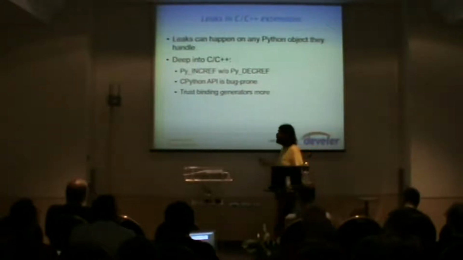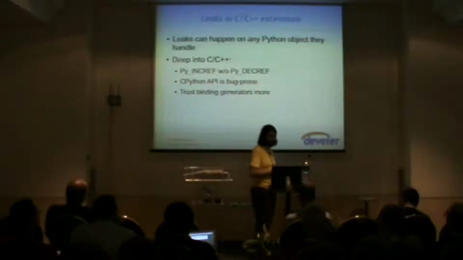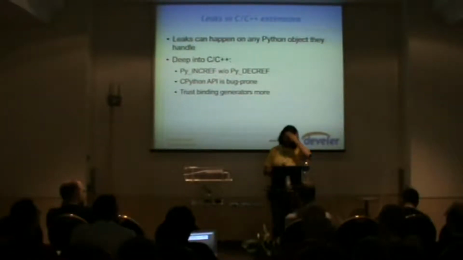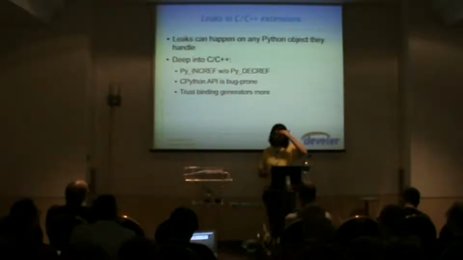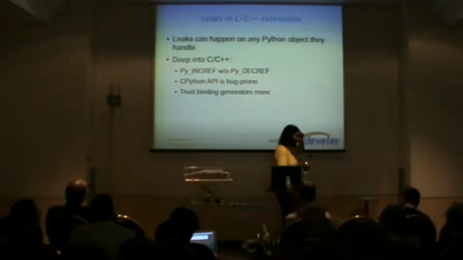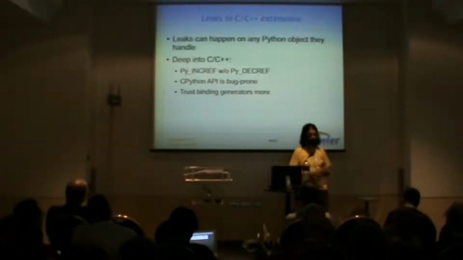The API is bug-prone, I mean, it's just a little hard to write. You need to pay attention. I usually suggest to trust binding generators more. So if you have this random GitHub library, and you're not very sure it's mature, and it's got a lot of manual C Python API code, I wouldn't trust it fully not to leak any object.